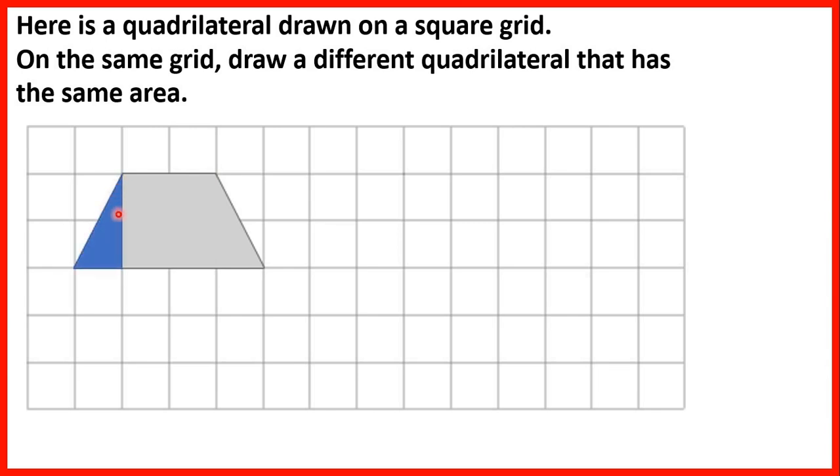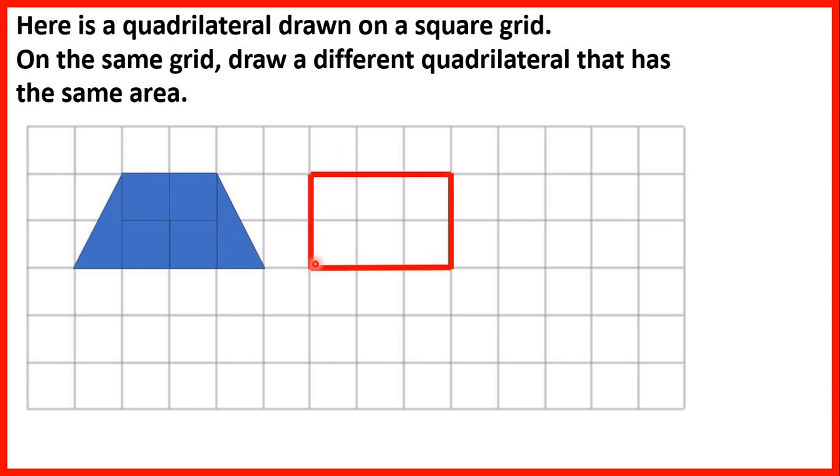Well, if we look at this part here, we can see that that's half of 2 squares, so that's the same as 1 square. This part here is the same as 1 square as well, because again, it's half of 2 squares. So we have 1, 2, 3, 4, 5, 6 squares in our shape. So we need to draw a 4-sided shape with an area of 6 squares.